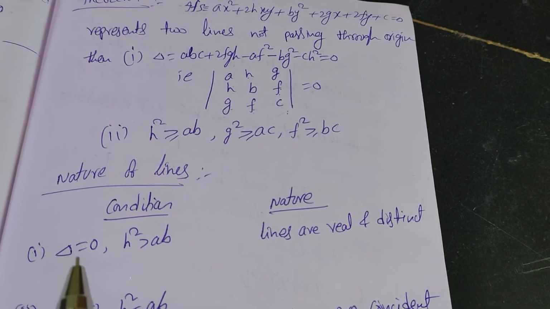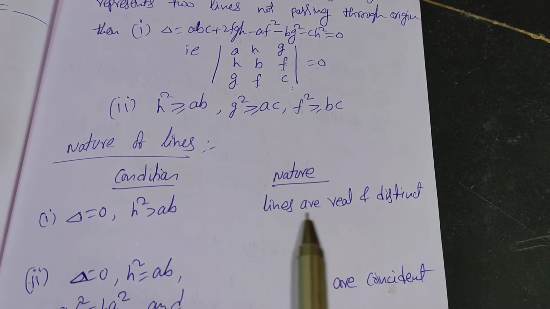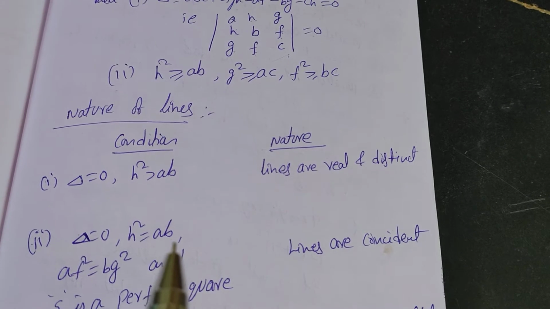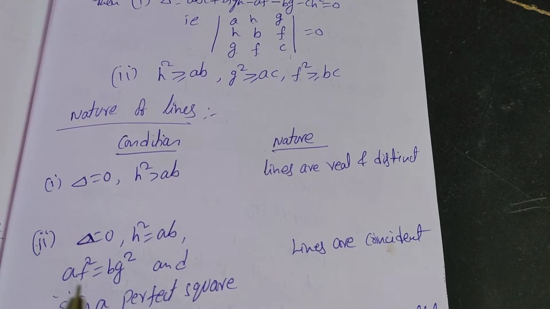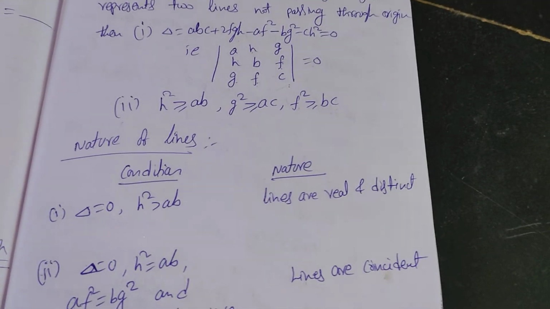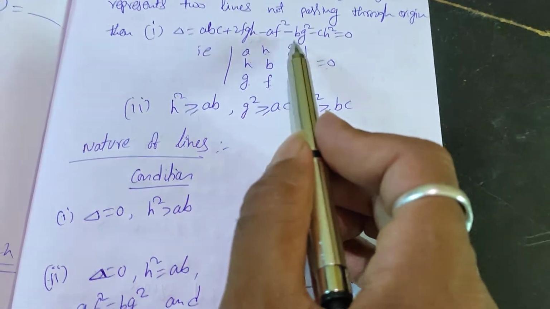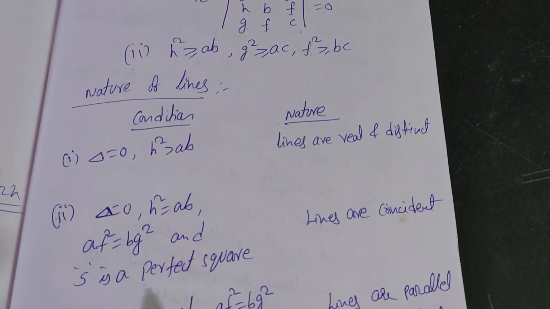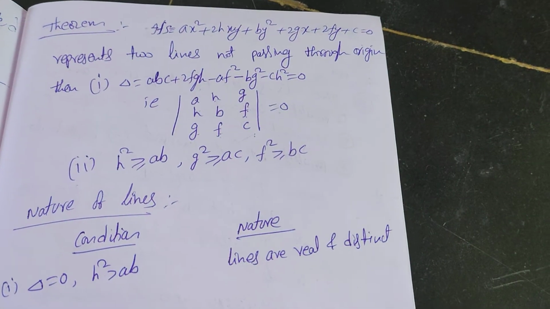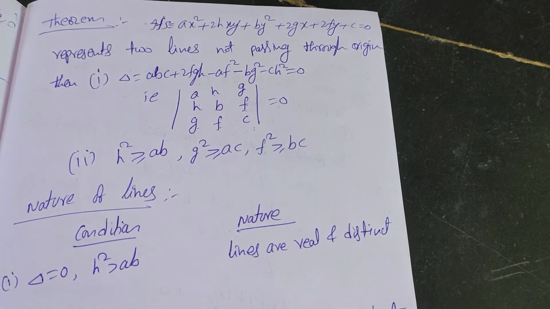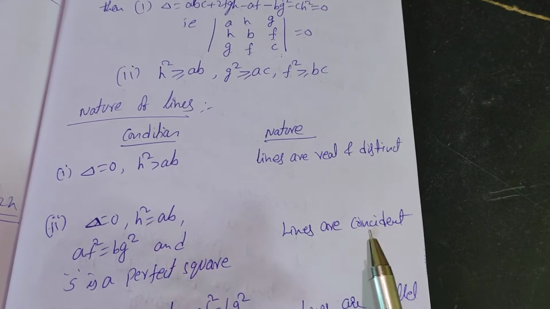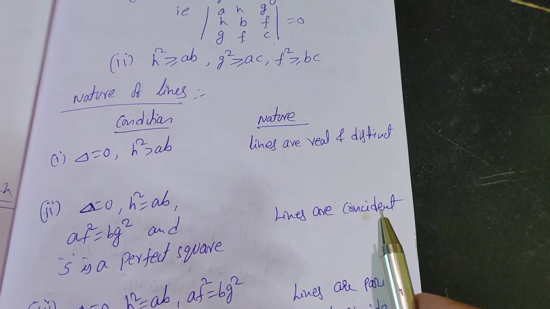So if delta is equal to 0 and h square is greater than ab, then the lines are real and distinct. If delta is equal to 0, h square is equal to ab, af square is equal to bg square, and S is a perfect square, that means the given equation can be written as something whole square, then the lines are coincident, one is on another.